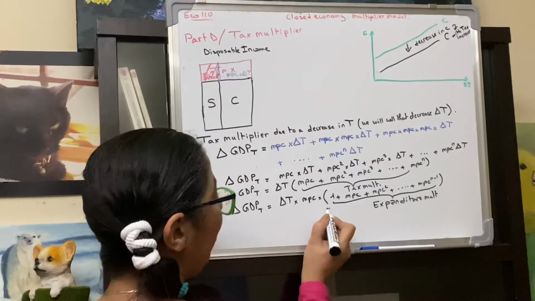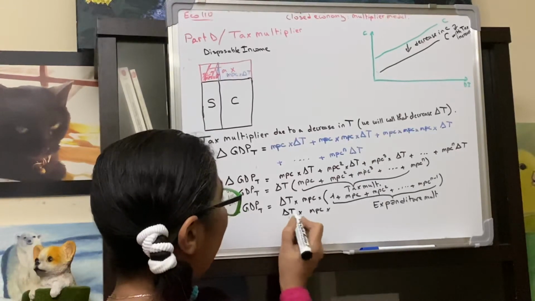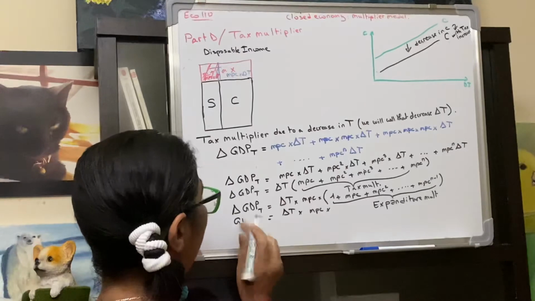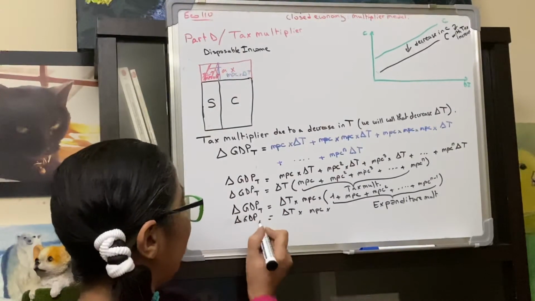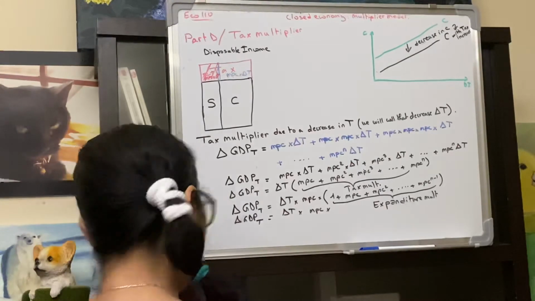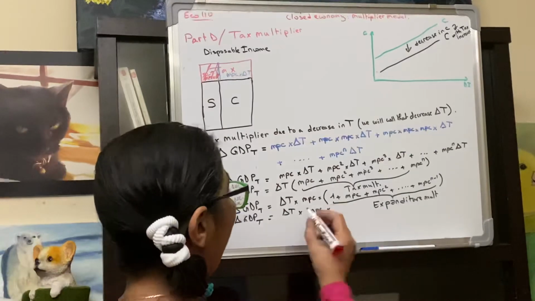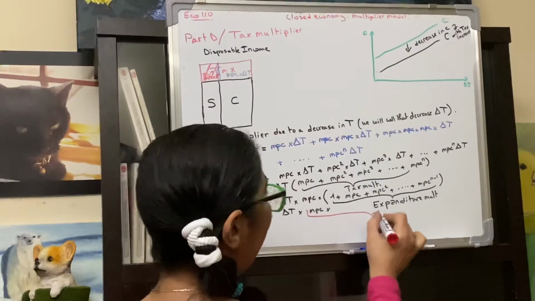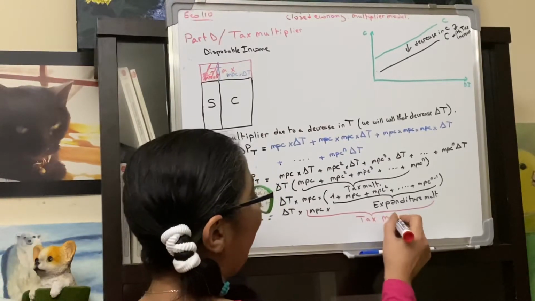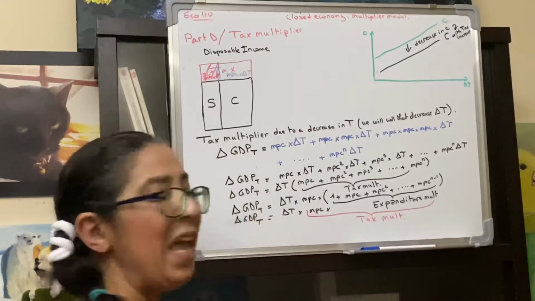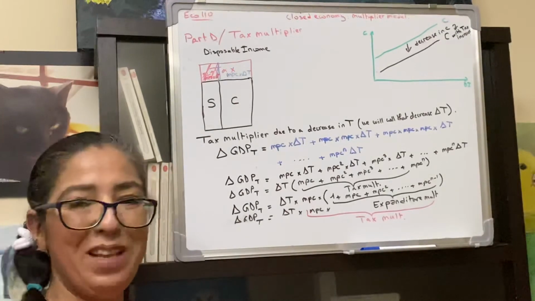And here is your MPC, here is your delta T, delta GDP due to T. And what is your tax multiplier? Your tax multiplier is the whole thing. Here is your tax multiplier. Okay? Take a screenshot, and now I'm gonna use it.